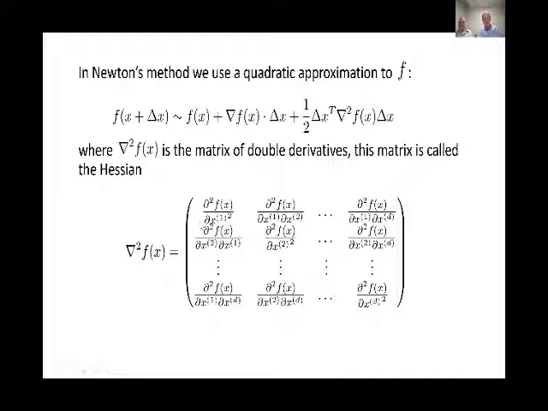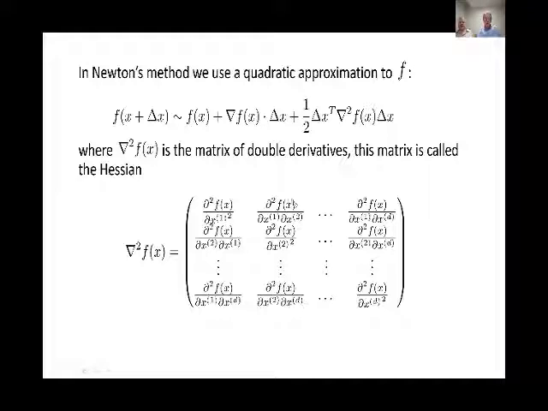This is a more complicated expression, where f of x plus delta x can be written approximately as f of x plus the gradient of f times delta x. This part is the same as before, but then there's an extra term that involves the double derivatives of f, and that will have delta x as a quadratic term.